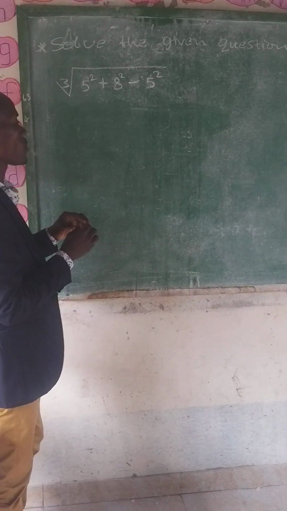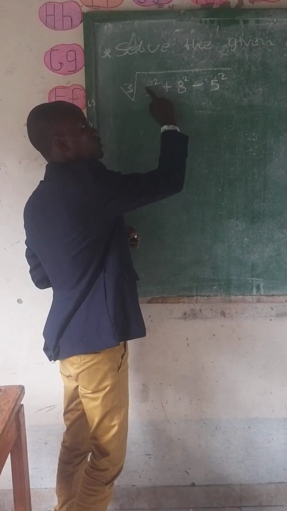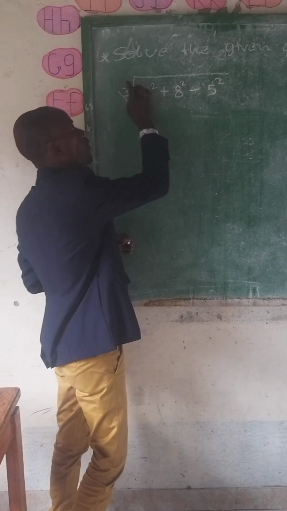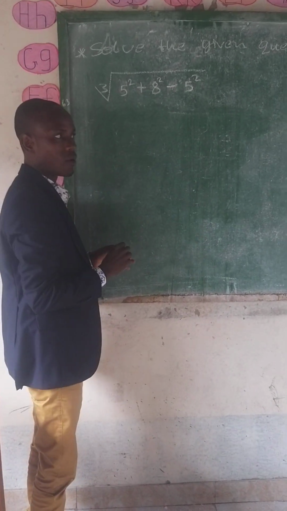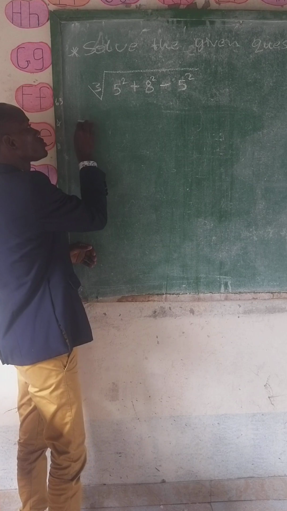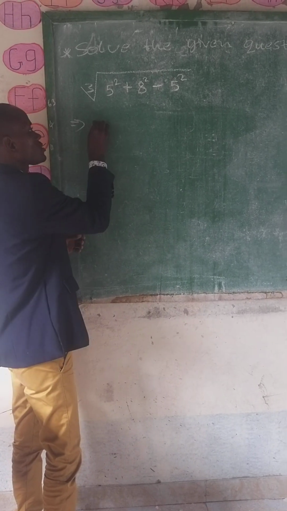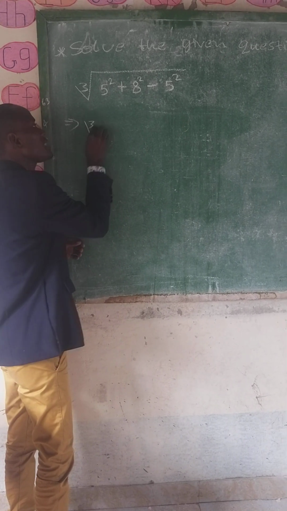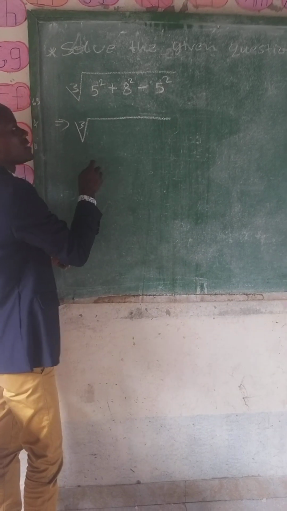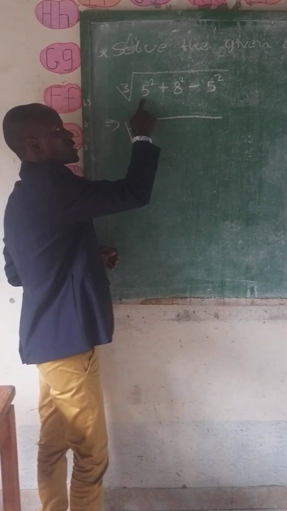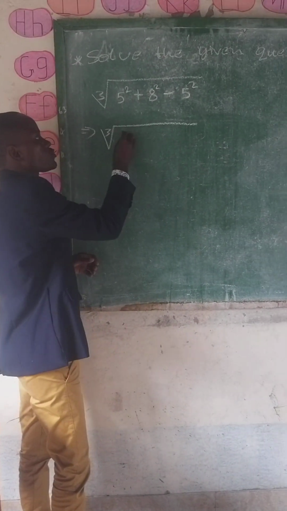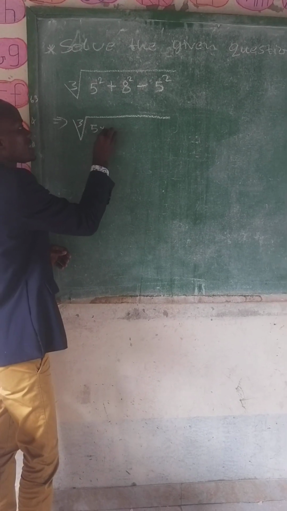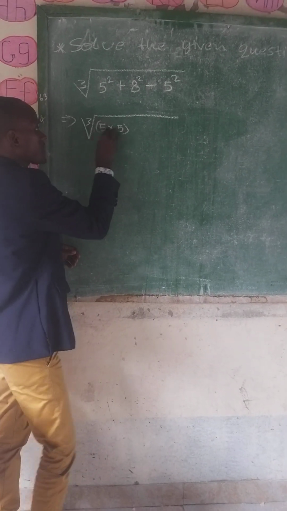Okay, so now what we are going to do, we'll first work out what is inside before we touch this part of the root. The first step is that you write your third root. Then you look at this part: this is 5 to the power 2, which means 5 times 5.